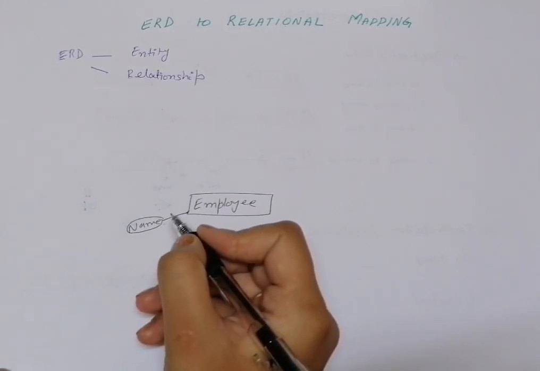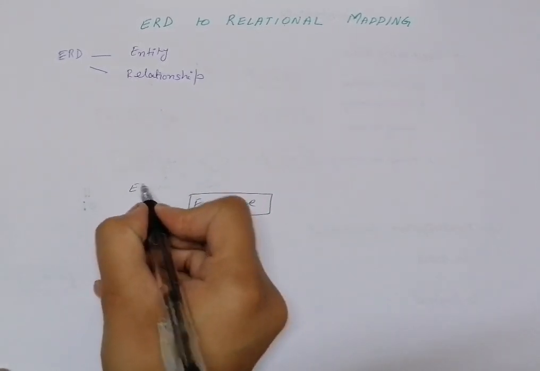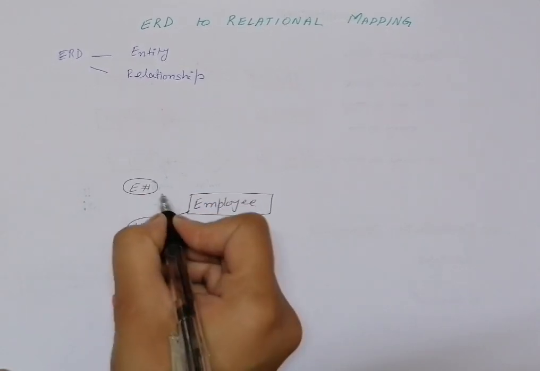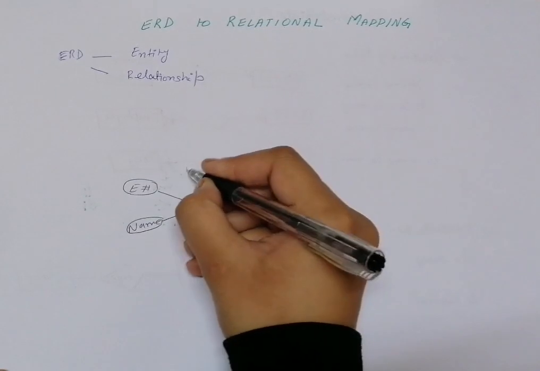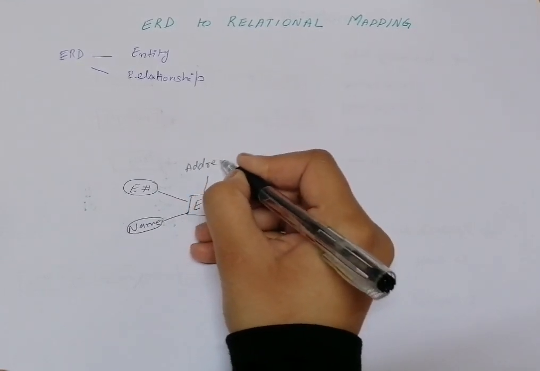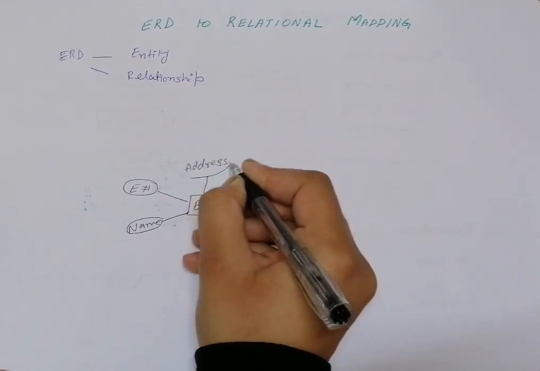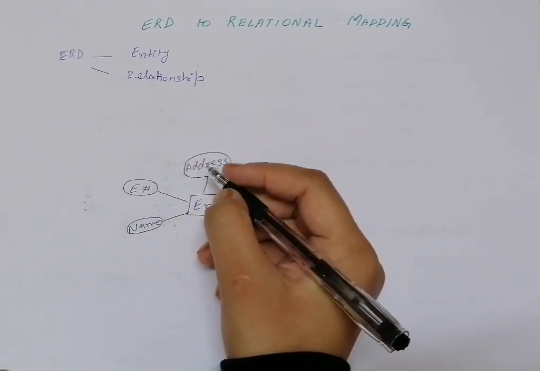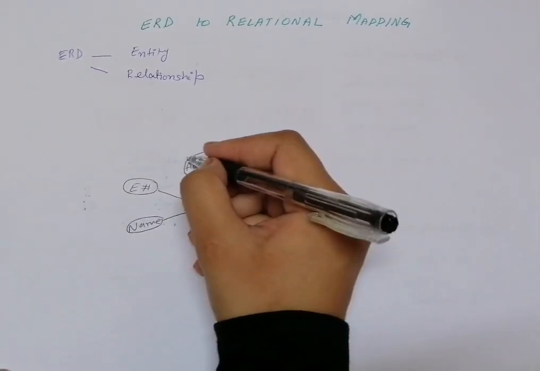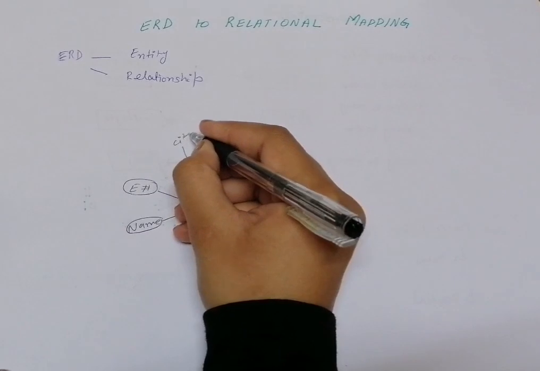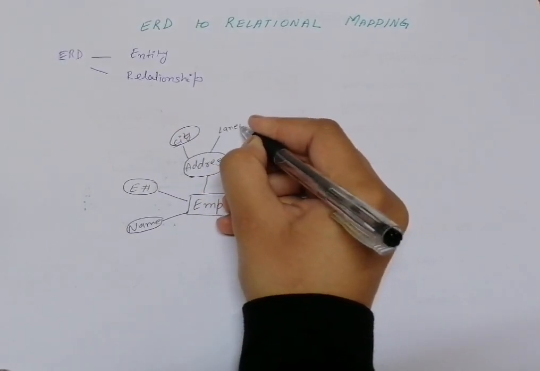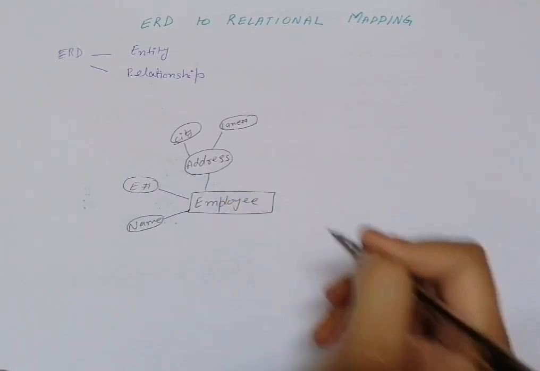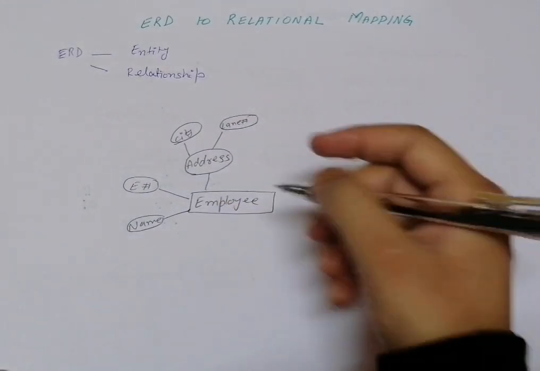Let's say employee has a unique identifier, employee ID, or employee number, you can address it any way. It may comprise a composite attribute like address. For the sake of simplicity, I'll only consider city and lane number, two attributes of this address. You may add any number of attributes.